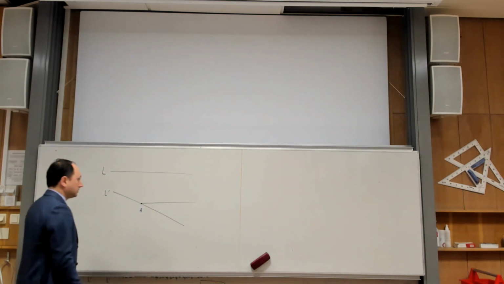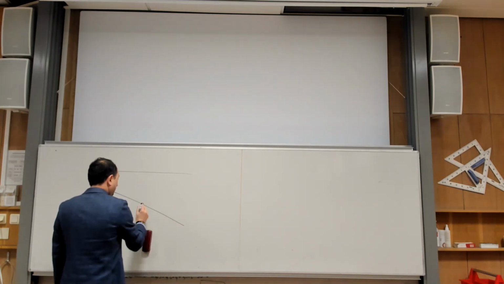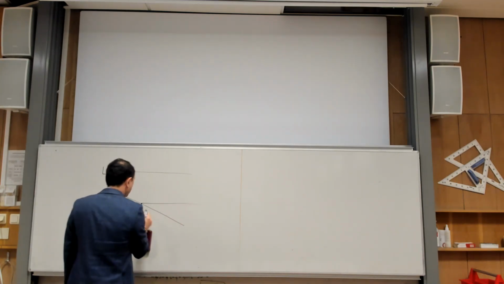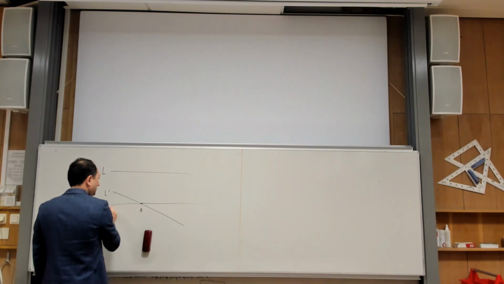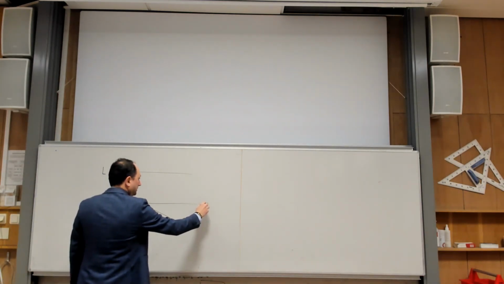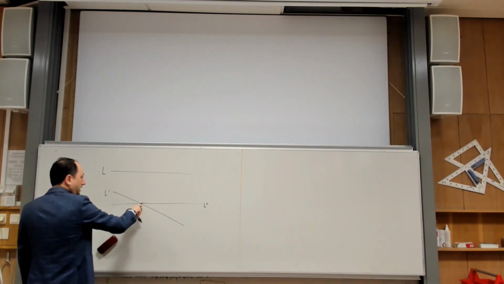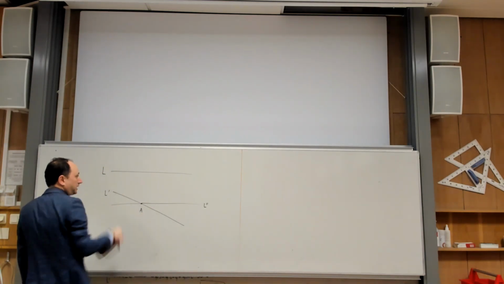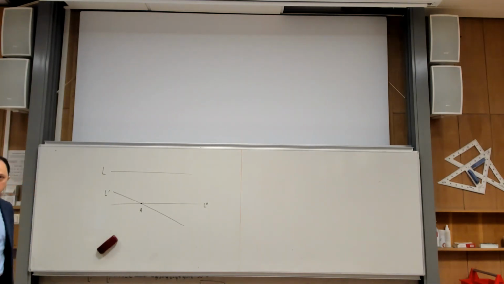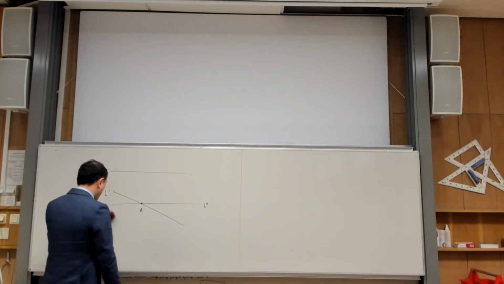So I draw this one. So this is L double prime, but this L double prime passes through this random point A on the line L prime and is parallel to this one. This is possible always, and that is unique by Euclidean geometry. Yes, that's the parallel axiom.